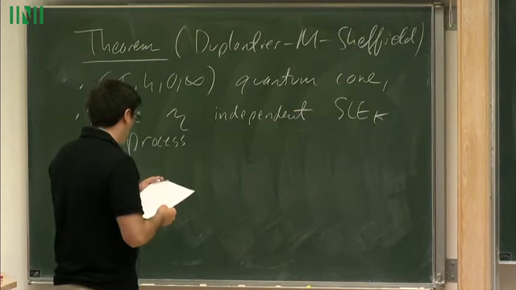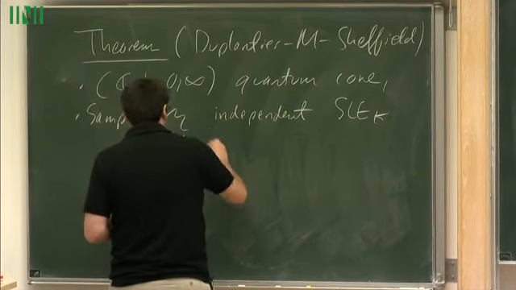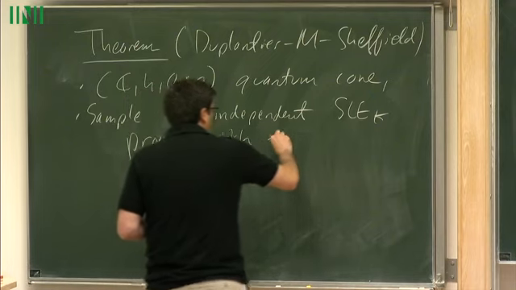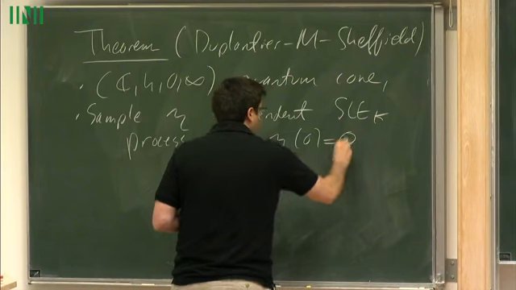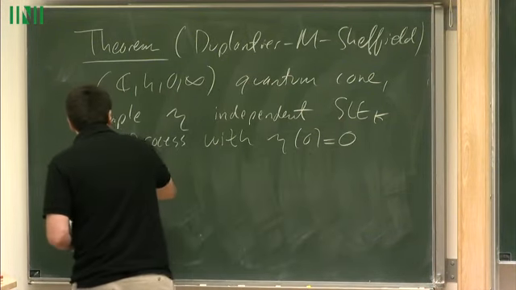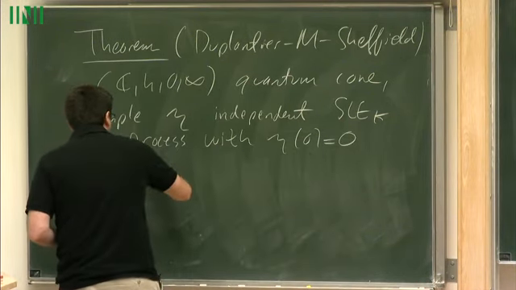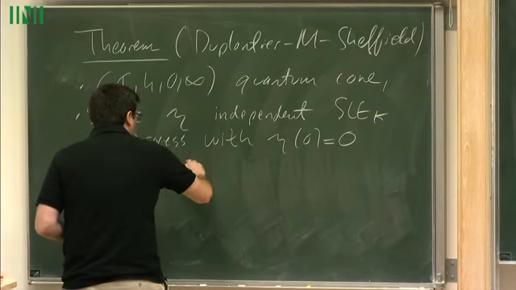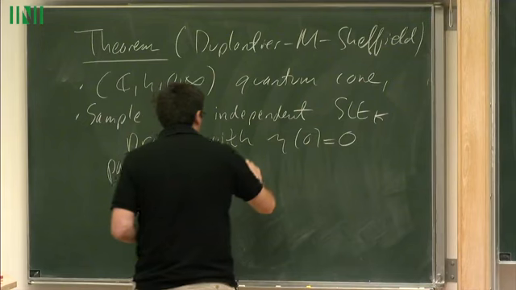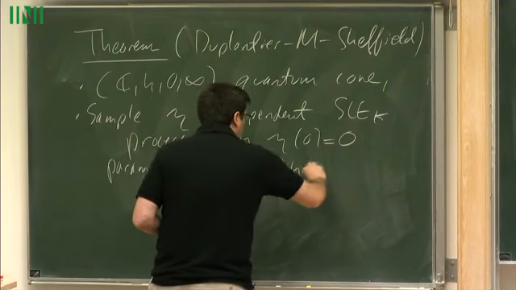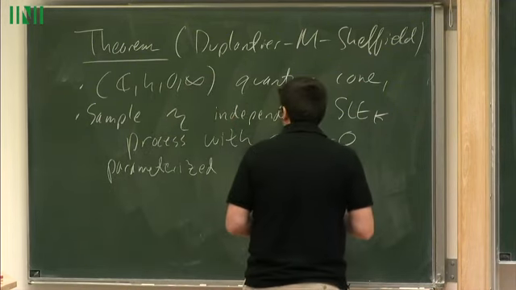And then what you're going to do is reparameterize the SLE after sampling it so that it fills 1 unit of Liouville quantum gravity measure in each unit of time.